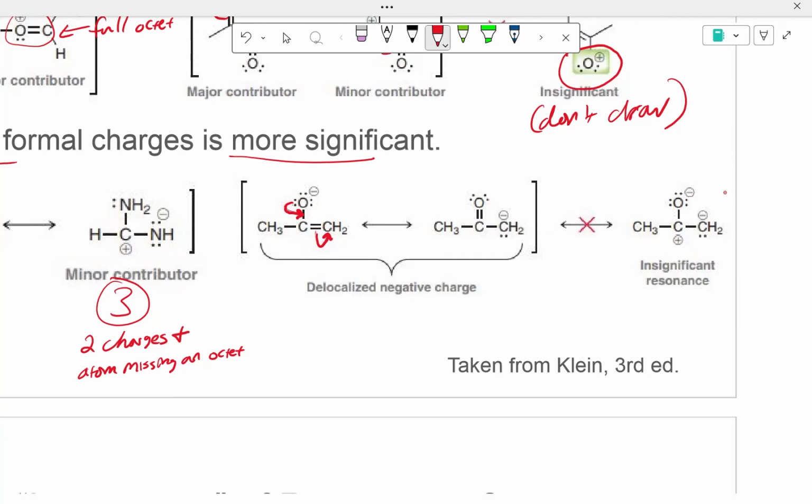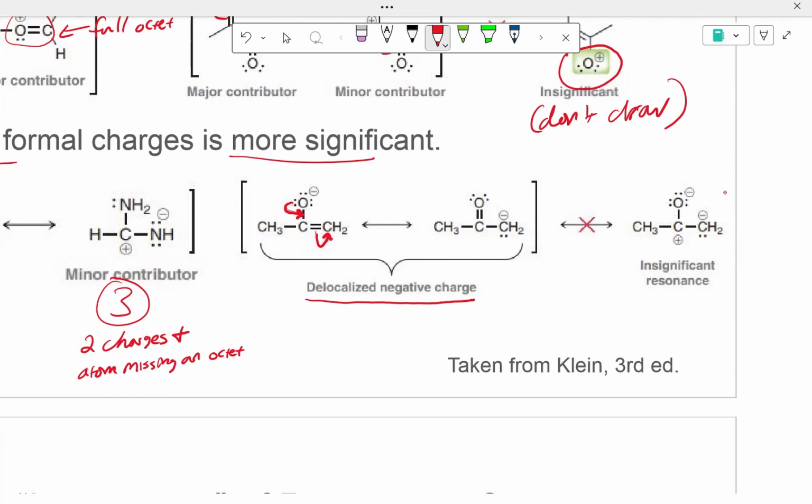All the atoms have a full octet and only one negative charge. So we can say they contribute almost equally. And they describe this as a delocalized negative charge. Delocalized is a good thing because we're spreading that negative charge out to multiple atoms.